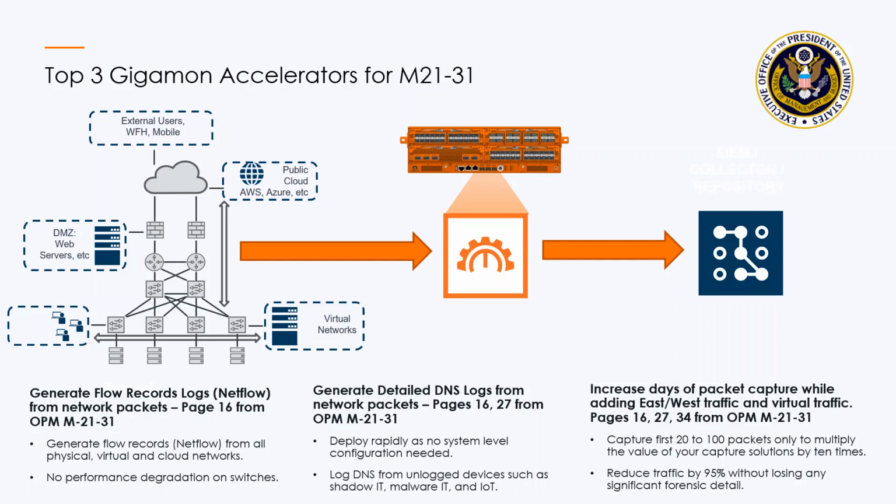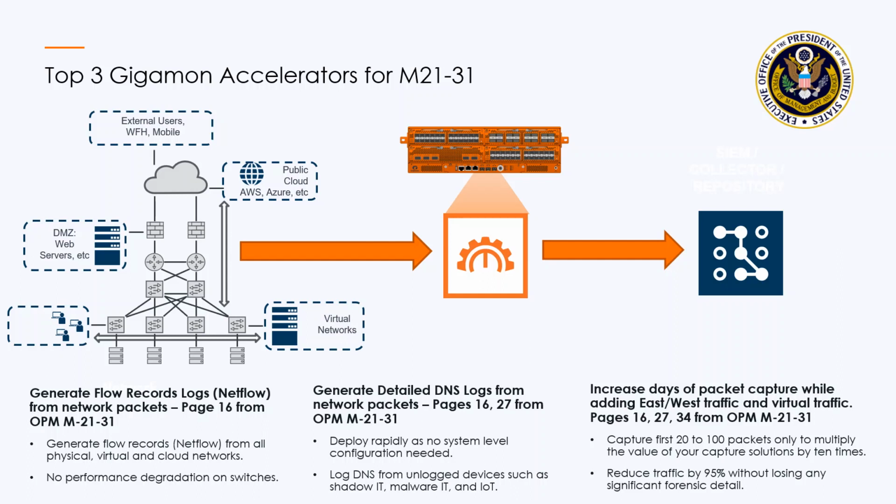So we're offering an alternative way of doing that to protect the performance and stability of these machines. But also, we're not just getting DNS from your known DNS servers, we're also getting DNS from all that shadow IT and even malware IT, things that you would never turn system logging on to begin with because you don't know it exists.